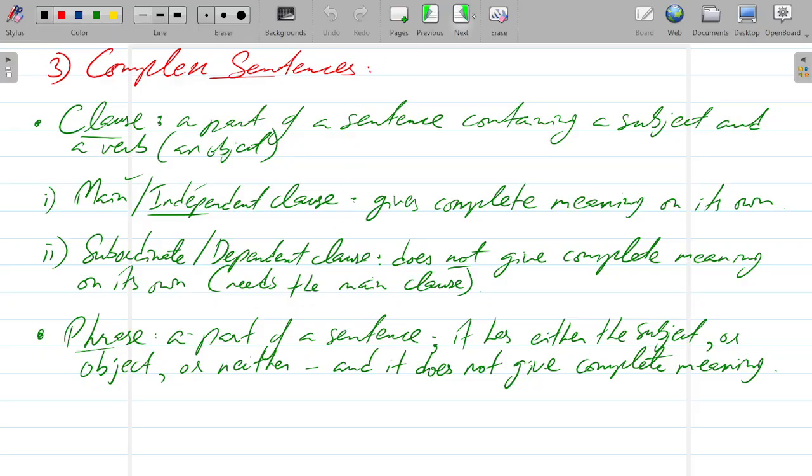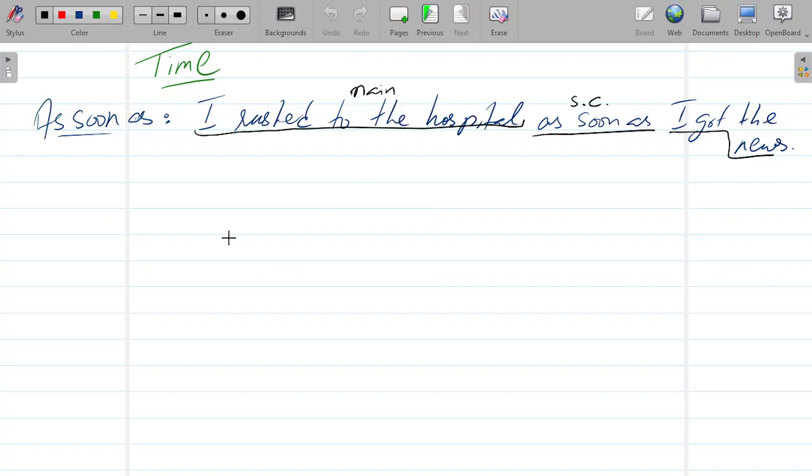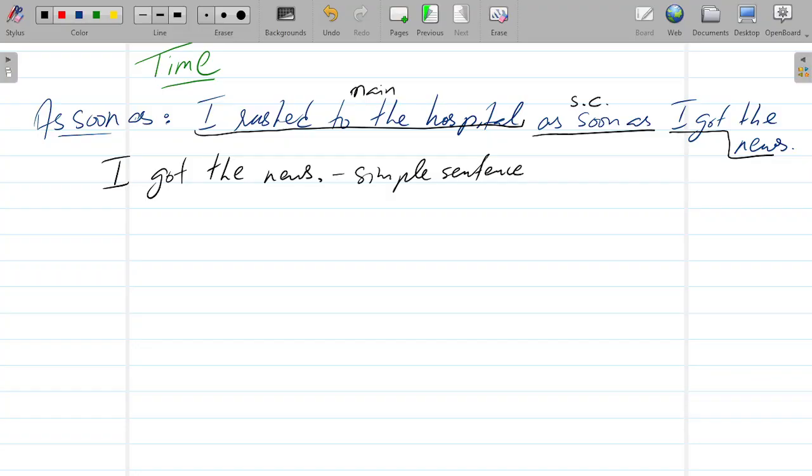If I wrote down "I got the news" separately, would you classify this as a simple sentence? On its own, this is a simple sentence, and by definition a simple sentence is a main clause, which means it has a subject and a verb, and it gives you complete meaning. So this is not the subordinate clause, because the subordinate clause needs to have incomplete meaning.